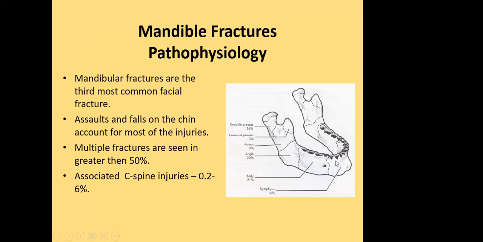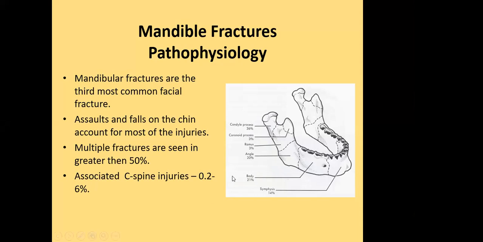And then here we have the symphysis, then the body, and at the angle, you can see 20% of the fractures at the angle, and 3% on the ramus, and the coronoid process, 3%. This part is a very notorious part for mandibular fractures, the neck, okay? The neck of the condylar process.